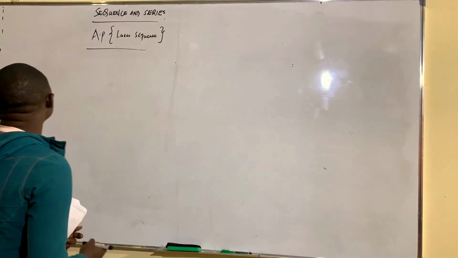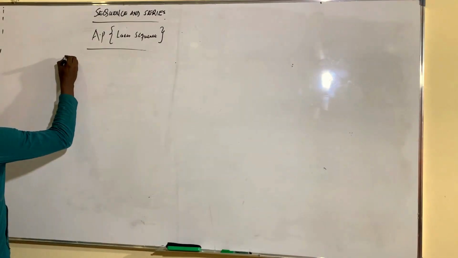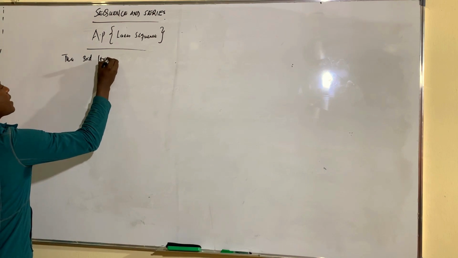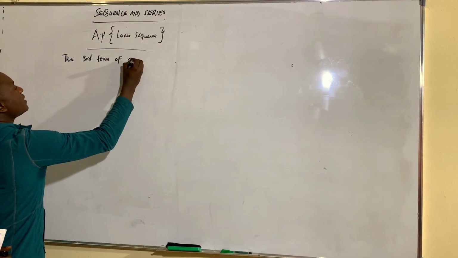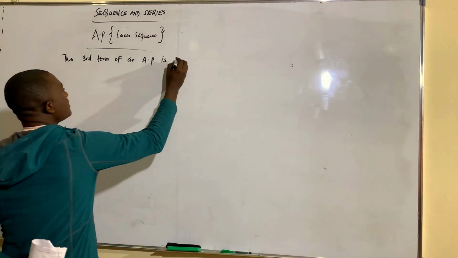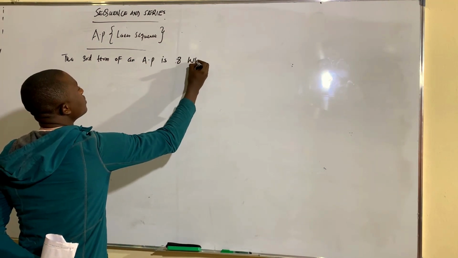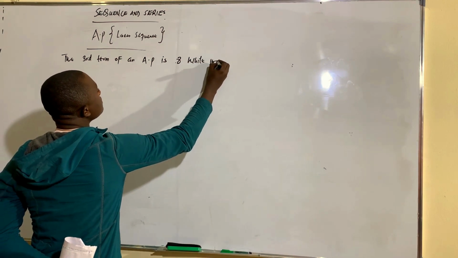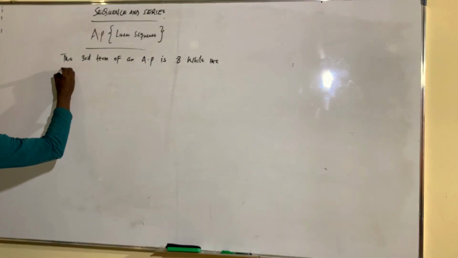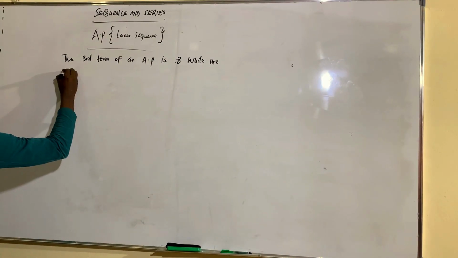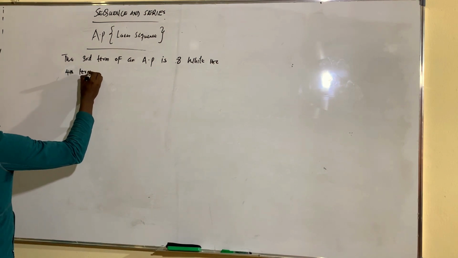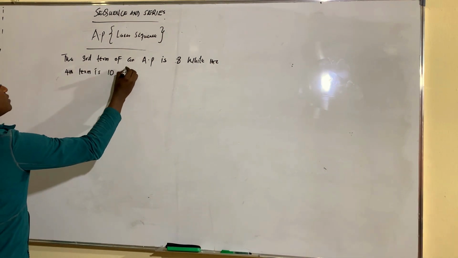Now let's take a look at this problem. They said the third term of an AP is 8, while the fourth term is 10.